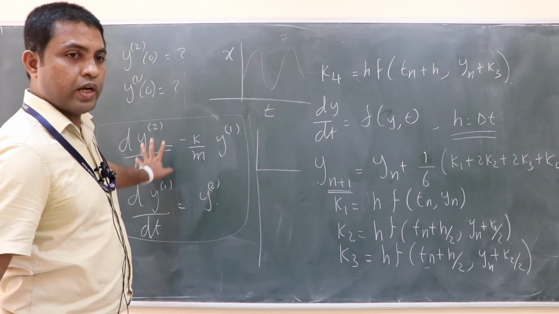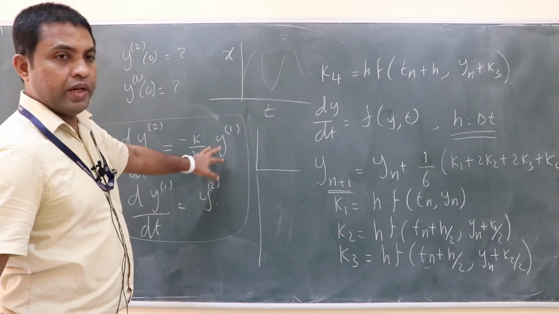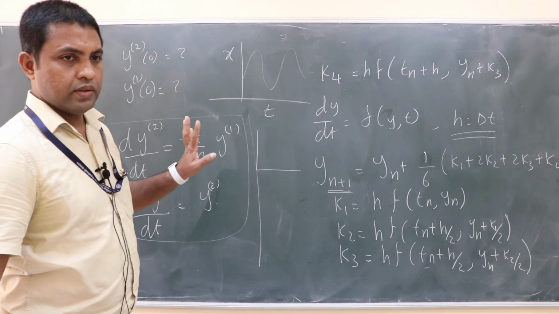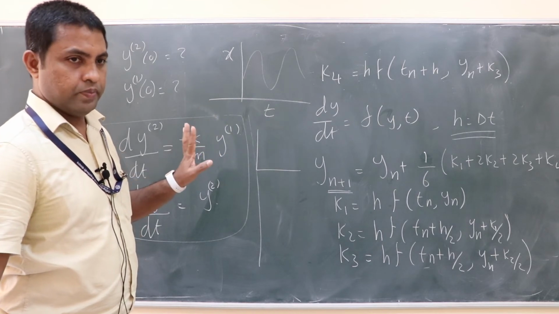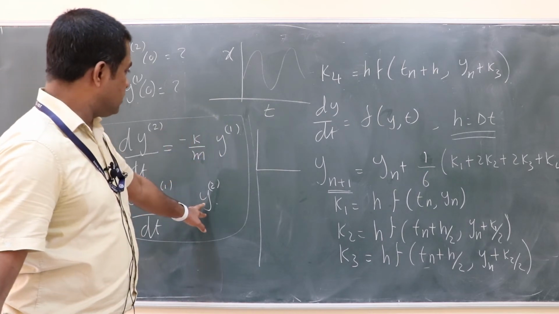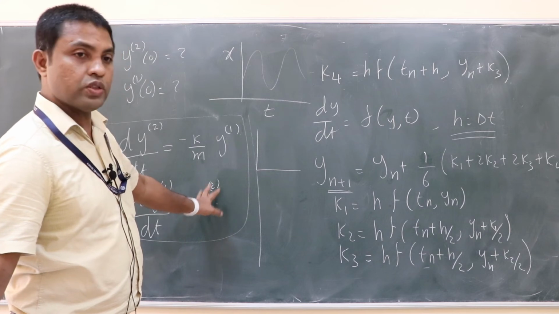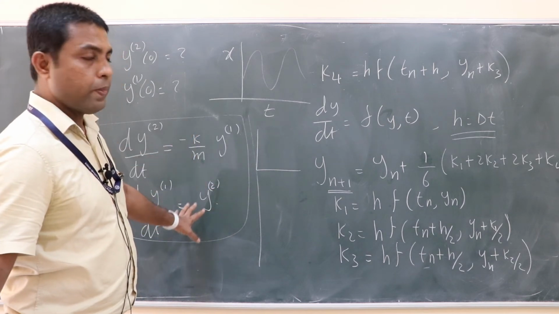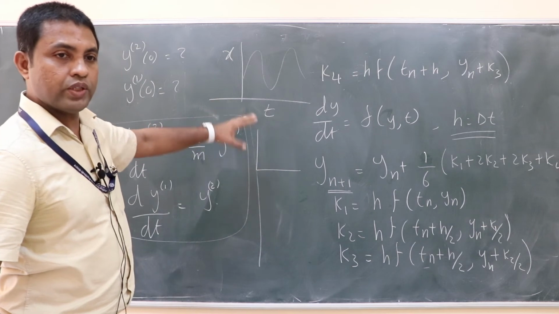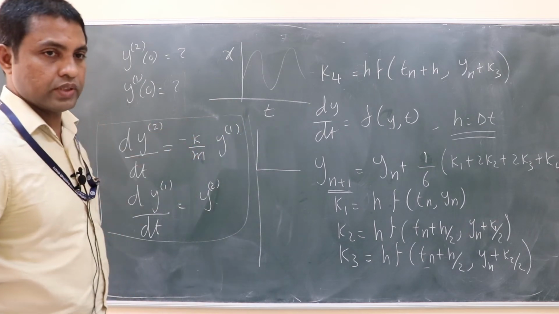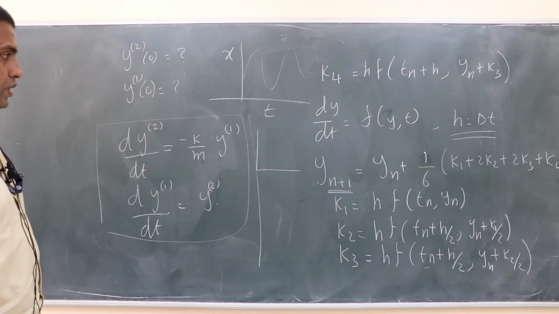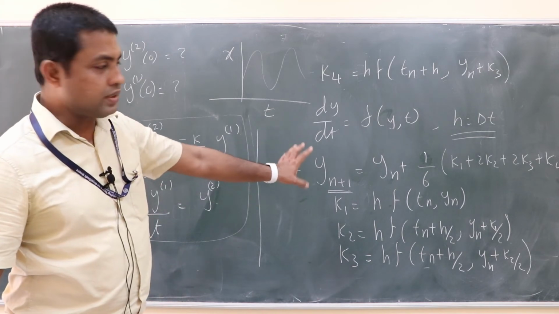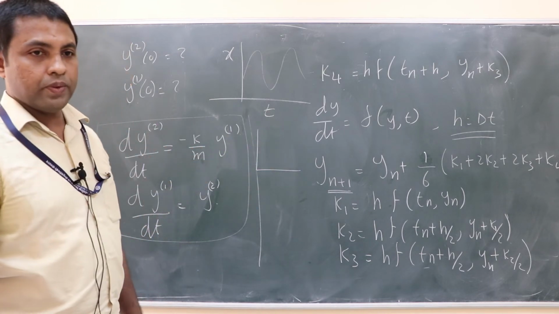But in general, for two coupled equations, it can be a function of y1, y2 and t. And this is also another function of y1, y2 and t. So this is f1, this is f2, and both are functions of y1, y2 and t. So now you have to apply this algorithm for that.